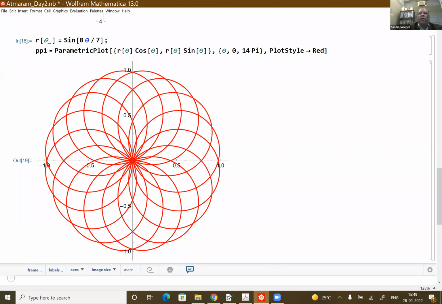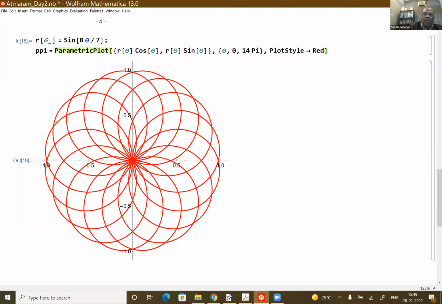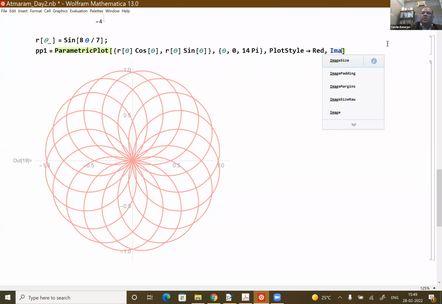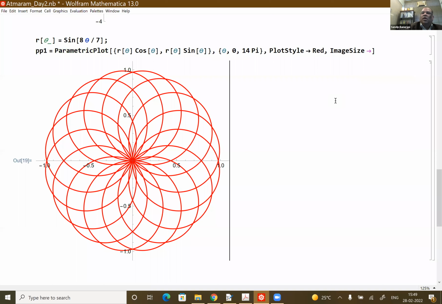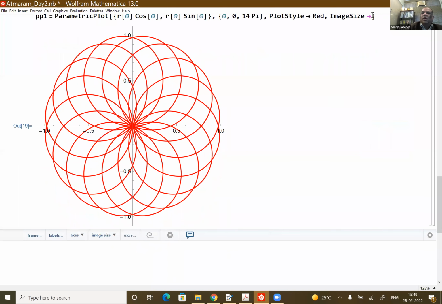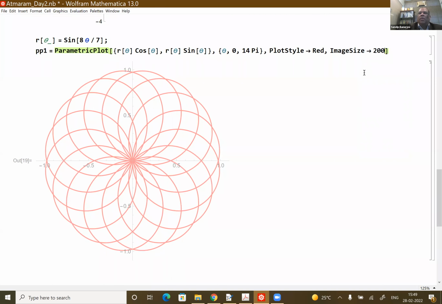And again, if you want your image size, skip it 200, and it becomes 200.